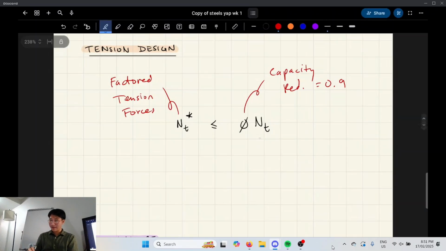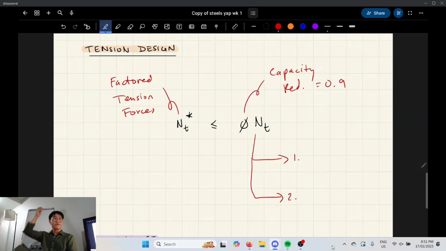Okay, NT. Now this is going to be one of two things, right? The first type of failure, actually you guys were at the crash course. Do you remember the first type of failure for tension? What's the first type of capacity we should check for? Yield. Very good. So yield failure capacity.